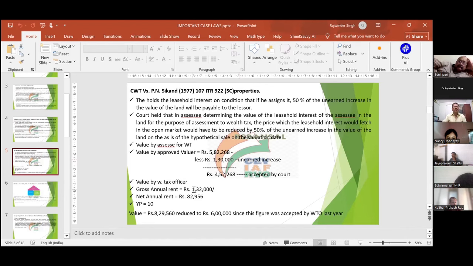So gross annual rent is 1,32,000, net annual rent is 82,956, YP is 10. So the value comes out to be 8,29,560. It is reduced to 6 lakh since this figure was accepted by the wealth tax officer. And it is also a basically very important case for leasehold properties.